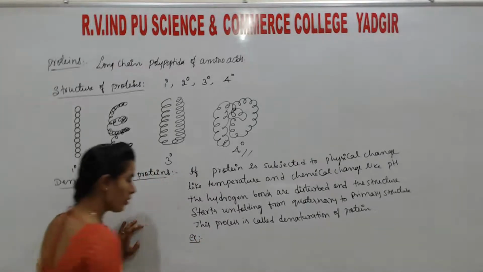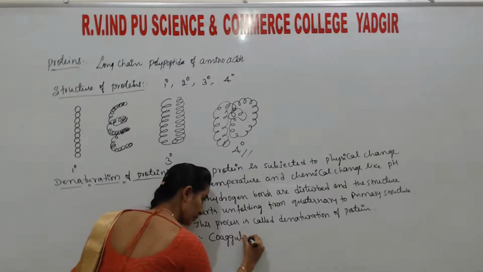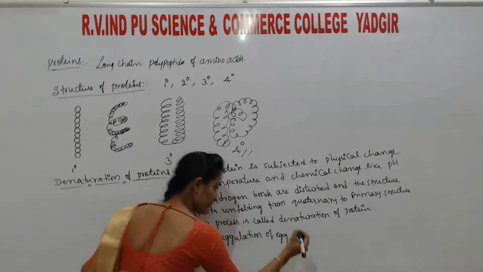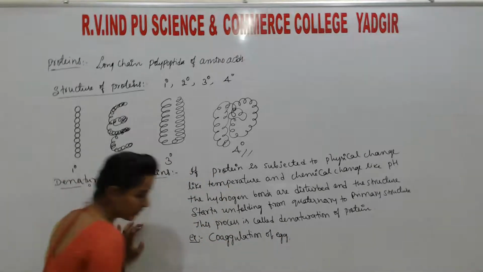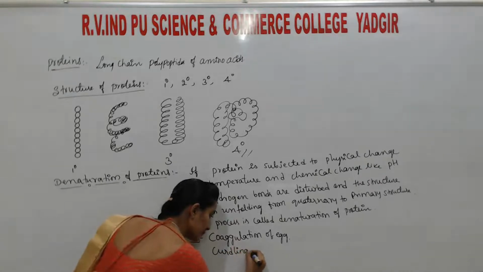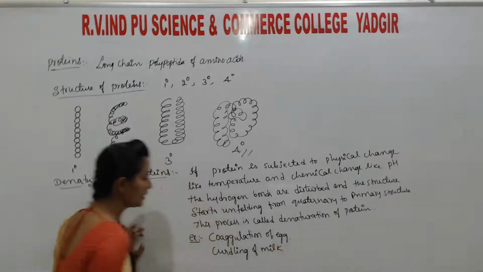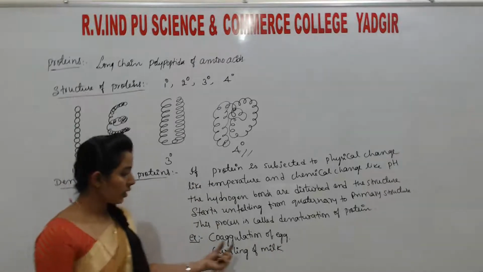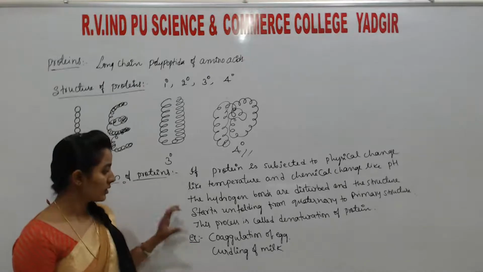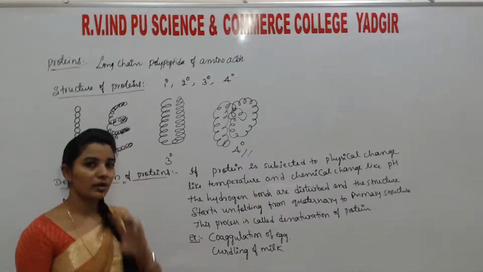So students, example for this is coagulation of egg. Coagulation of egg. The second one is curdling of milk. Curdling of milk. So coagulation of egg means nothing but boiling an egg. So listen, if egg boils, in that egg, the white part is what?